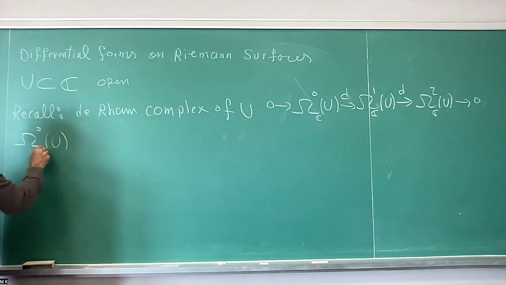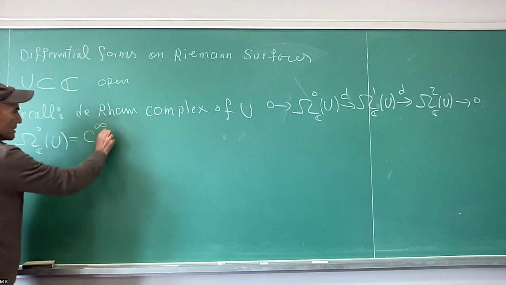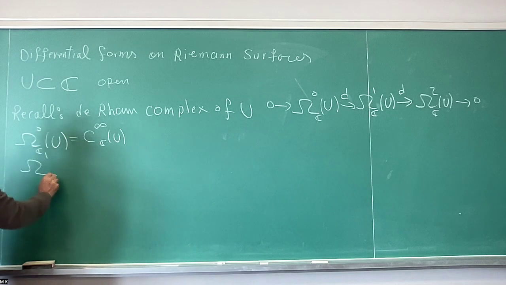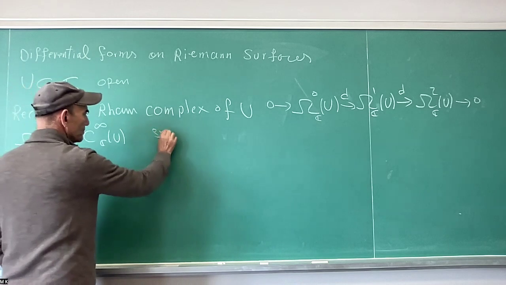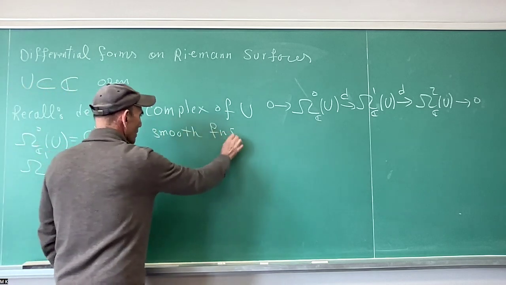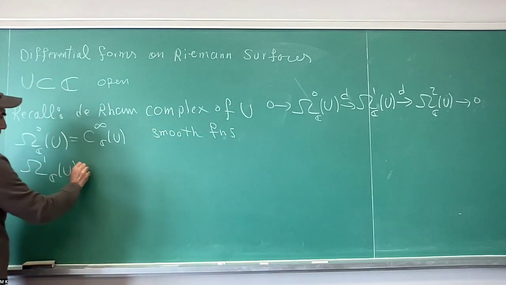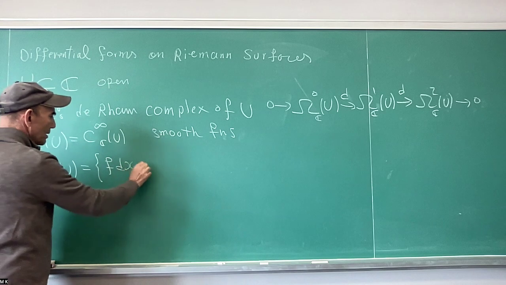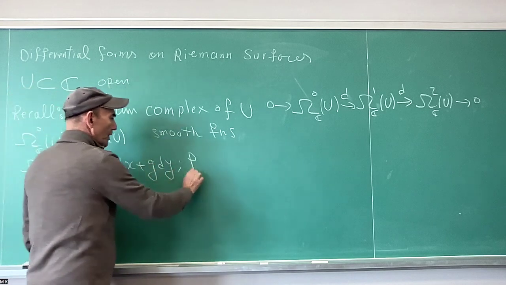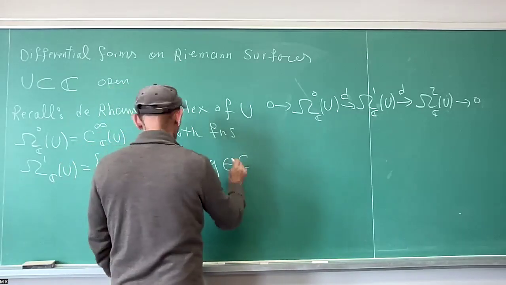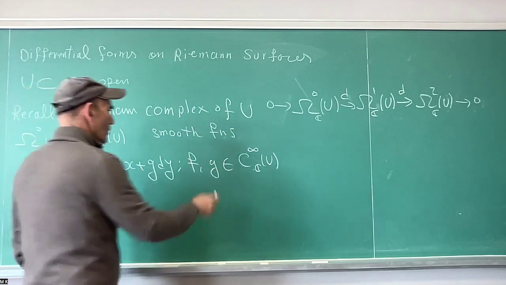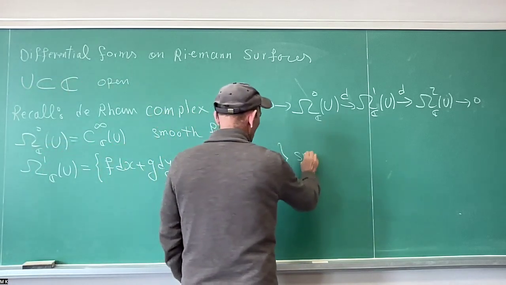So omega 0 C of U is just C infinity C of U, the space of smooth complex valued functions on U. And omega 1 C of U is the set of all f dx plus g dy, where f and g belong to C infinity C of U. So these are smooth one forms.